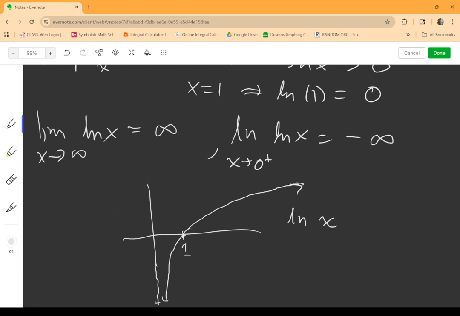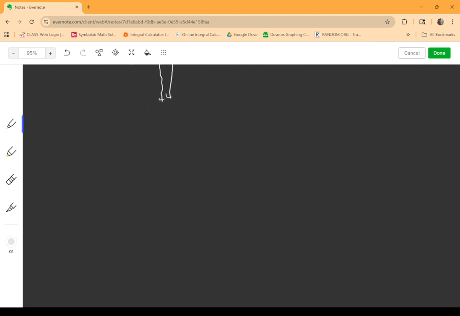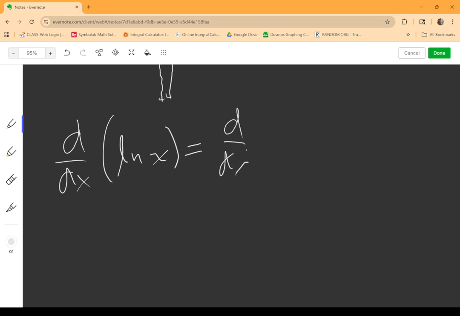So now we can actually define a way to take the derivative of the natural log. The derivative of my natural log, using the fundamental theorem of calculus, d/dx of the integral from 1 to x of dt over t, well, that's just 1 over x.